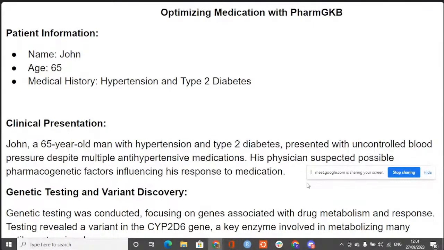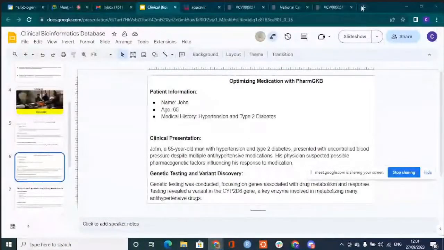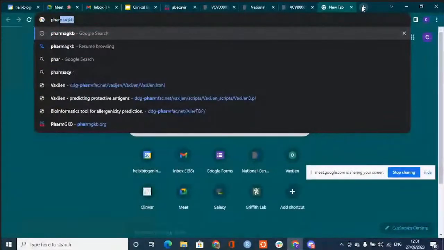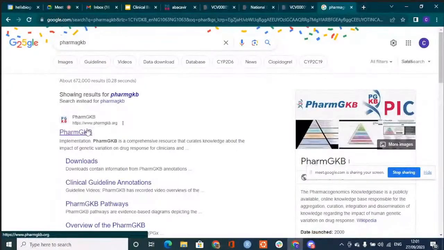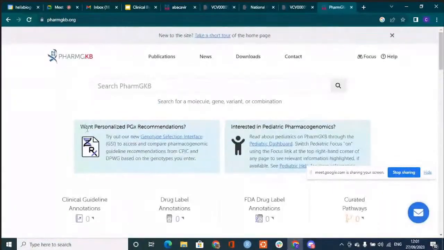So one of the things that we can do is just go into PharmGKB. From PharmGKB, you can insert either a molecule ID, the gene, or the variant as well, just to be sure of the kind of drugs that this particular patient is going to use, the kind of drugs that will work effectively for this patient.